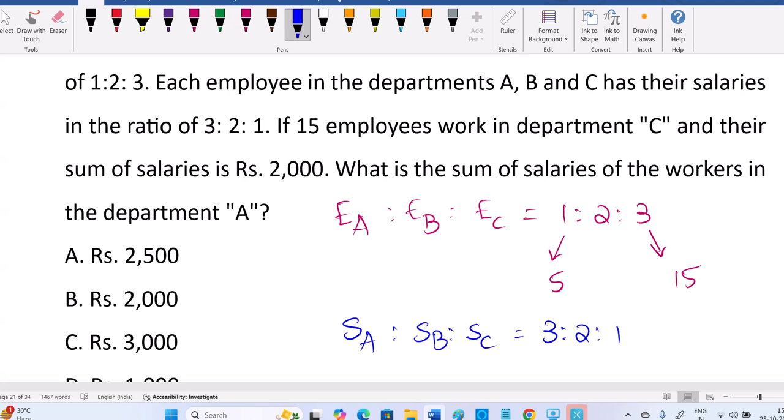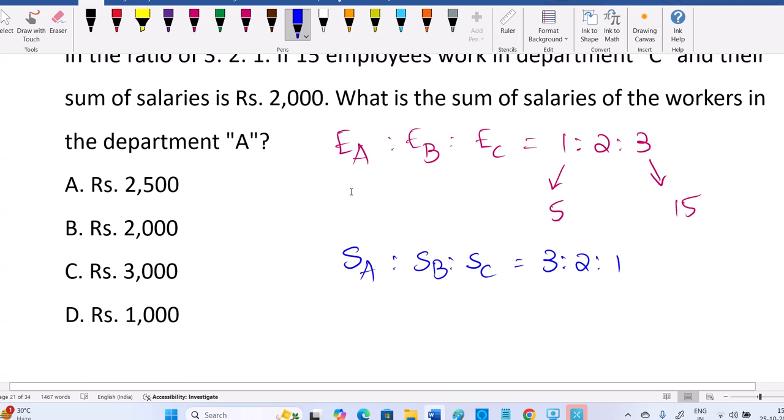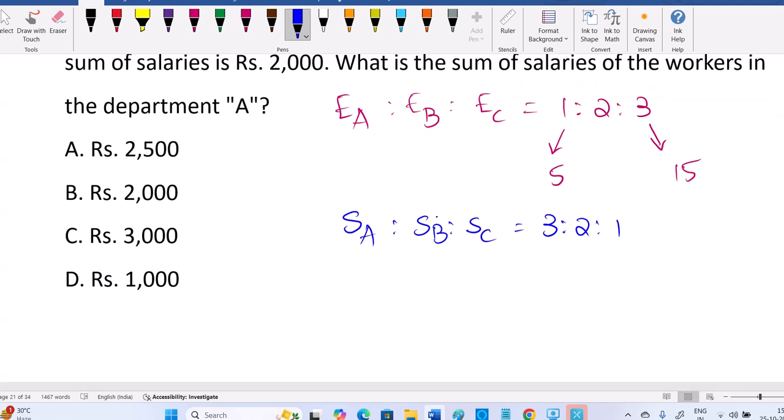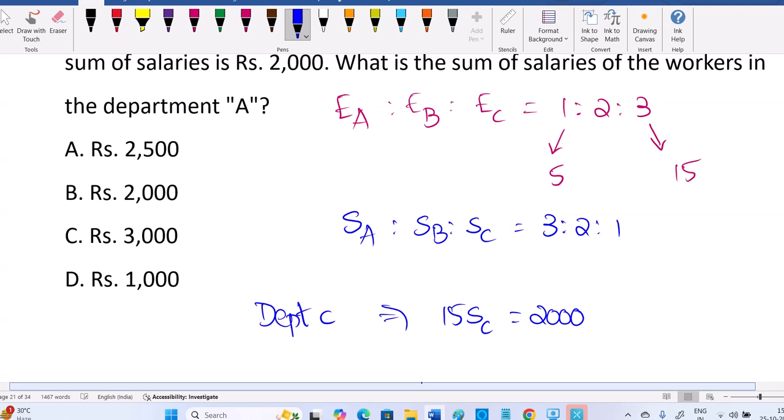So the sum of salaries regarding C, meaning the 15 employees in department C, if you observe, the 15 employees' salary is equal to 2,000. Okay, so one employee is nothing but 400 divided by 3. Take it as positive, right? So 400 divided by 3.